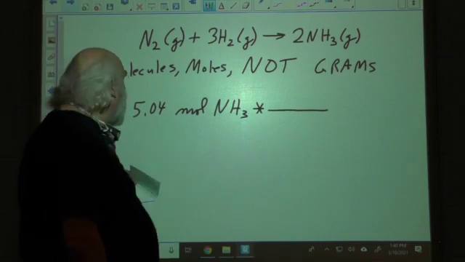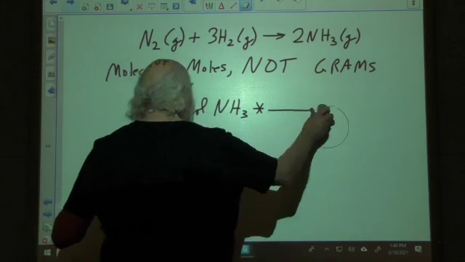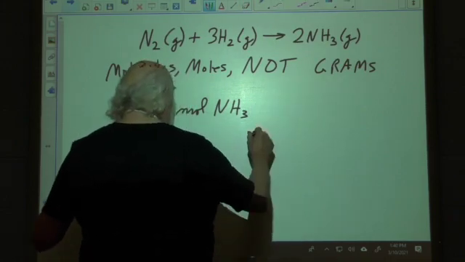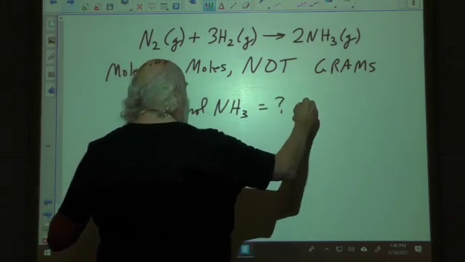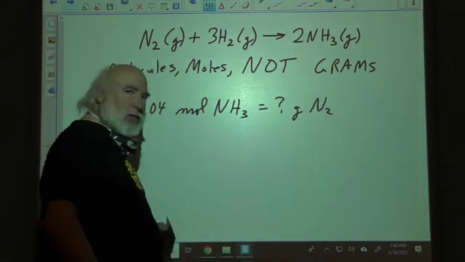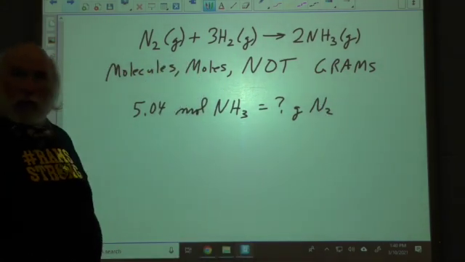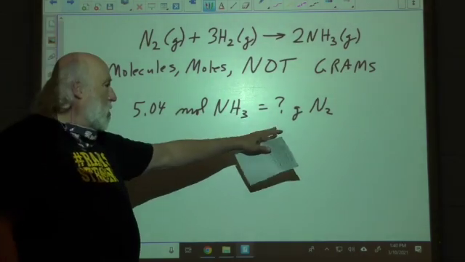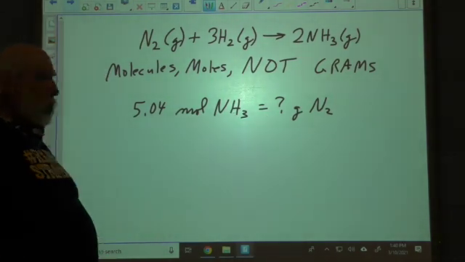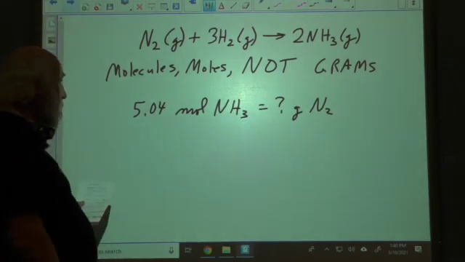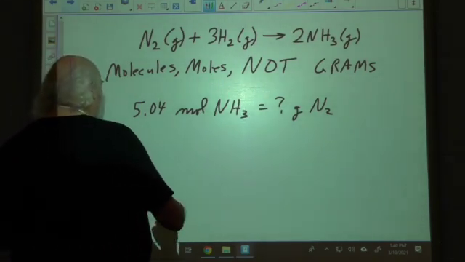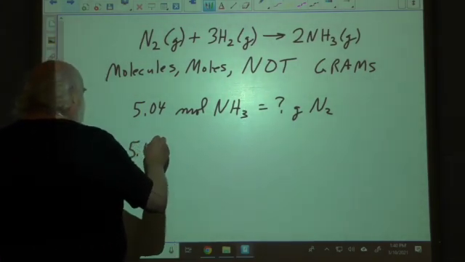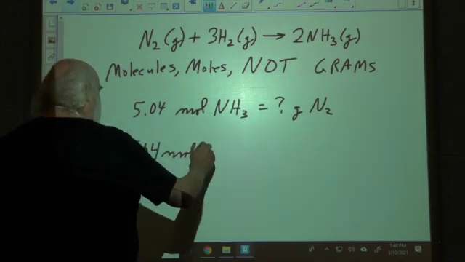I want to know how many grams of nitrogen I am going to need to create 5.04 moles of ammonia. Okay, so we start with 5.04 moles of NH3.